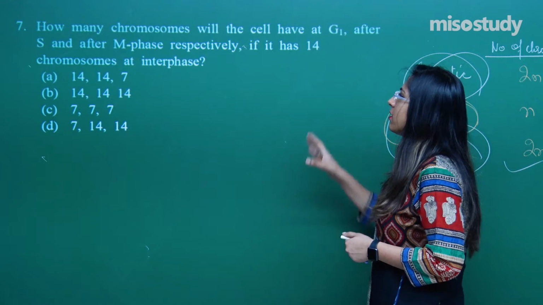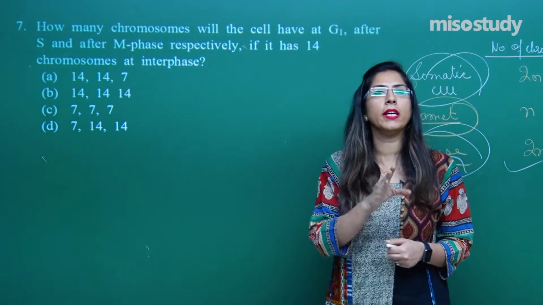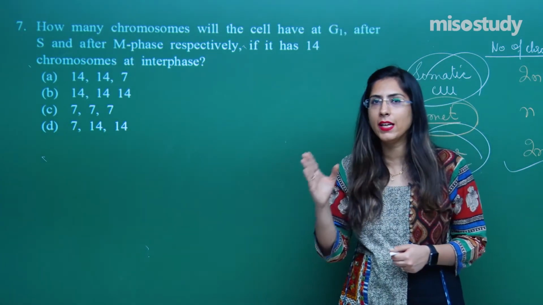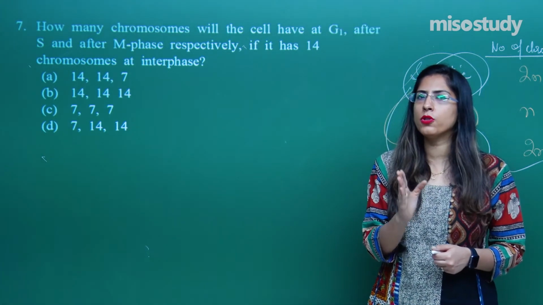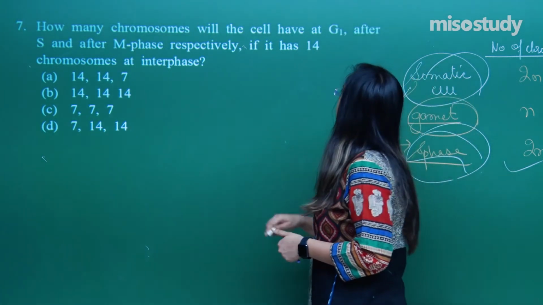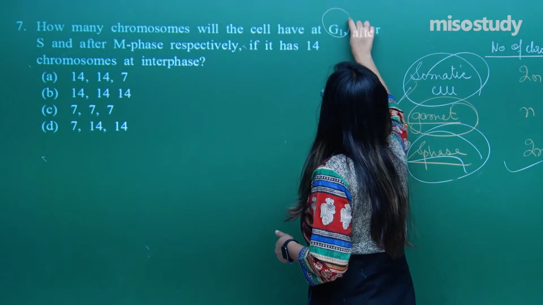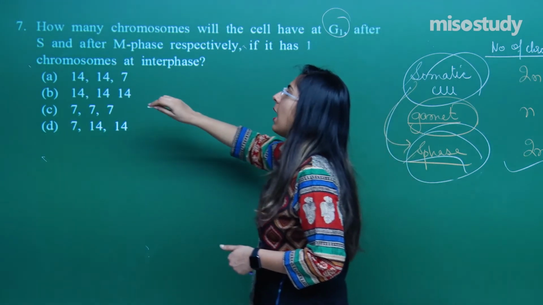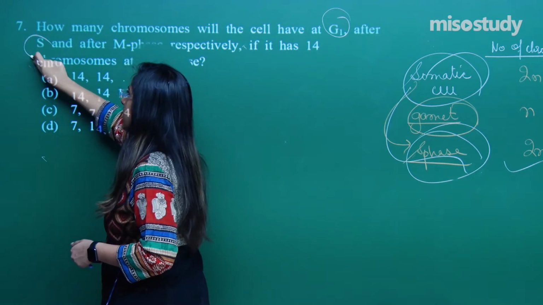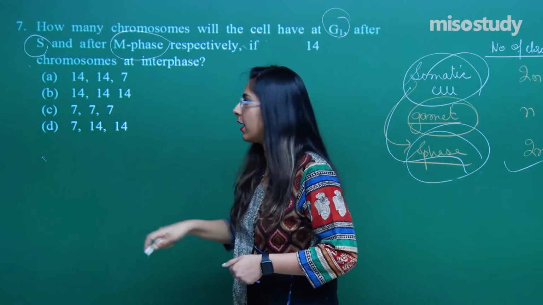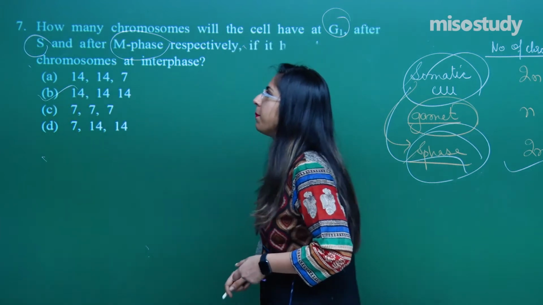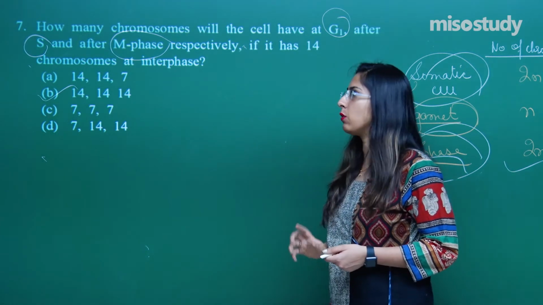In mitosis, the number of chromosomes remains the same. The number of DNA increases, protein synthesis occurs, but the number of chromosomes remains the same. If they have 14 at G1, they will have the same 14 at S phase, same 14 at M phase. So the correct option is option B for the 7th question.